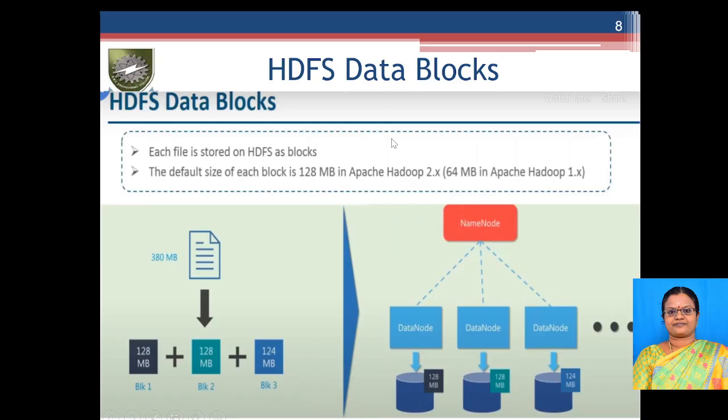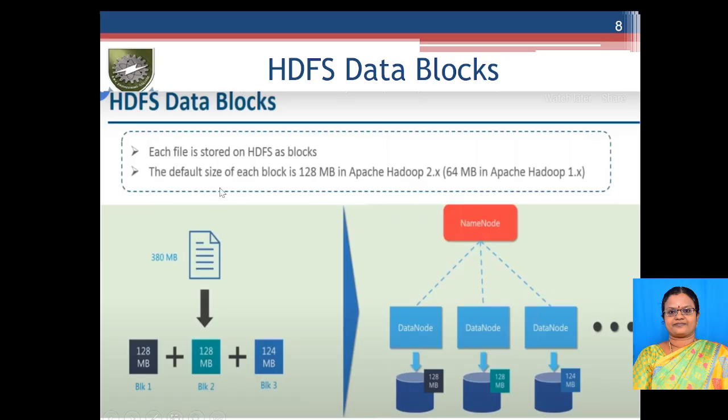Here I have a concept called data blocks. The complete file or complete data has to be divided into certain blocks of information, and these blocks have to be stored across the slave nodes. That is the concept of HDFS. Each file is stored on HDFS as blocks.